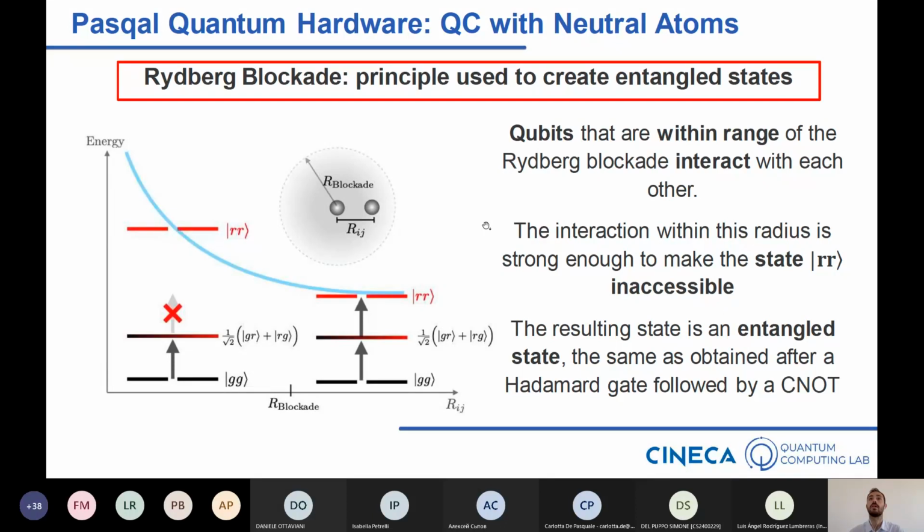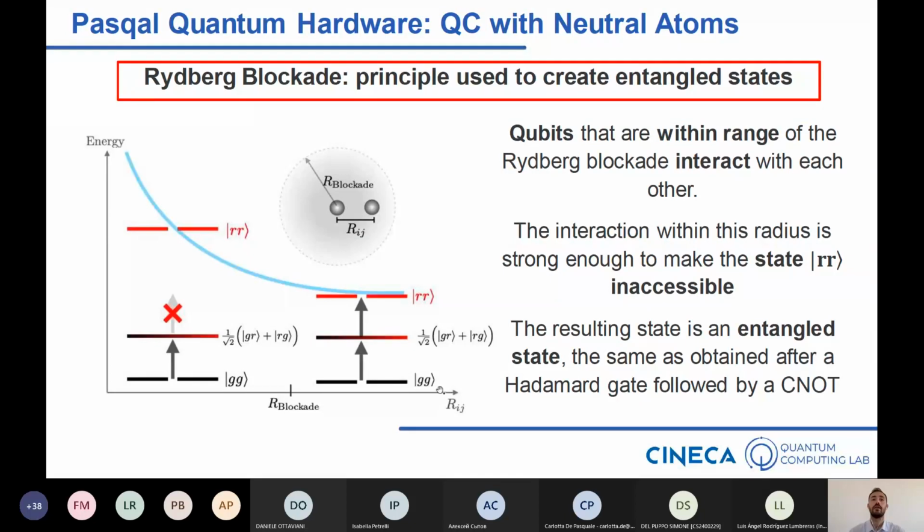If you can see the plot on the left, the Rydberg blockade is here in the middle. Let's say the atoms are far, so they are not within the Rydberg blockade radius.